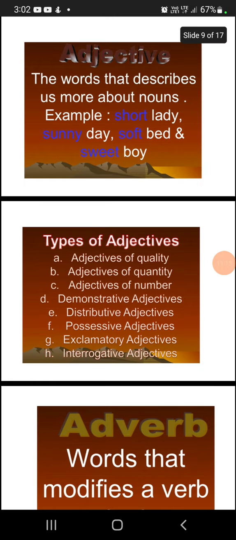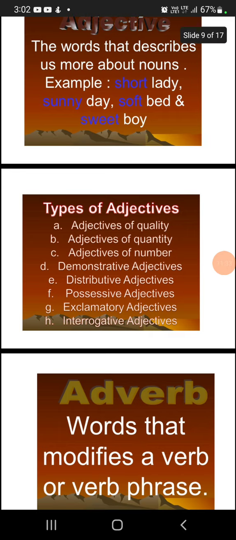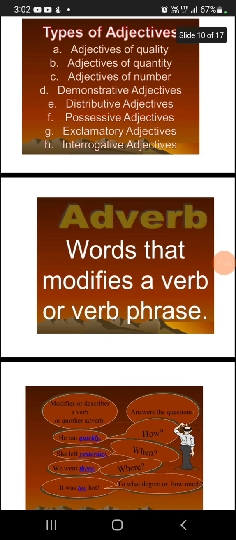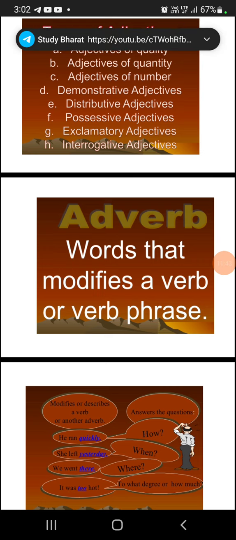The types of adjectives are adjectives of quality, adjectives of quantity or number, that represent any quality, quantity or numbers. Then there are demonstrative, distributive, possessive, exclamatory and interrogative adjectives. And adverb, which modifies verb. We have seen noun and pronoun before.